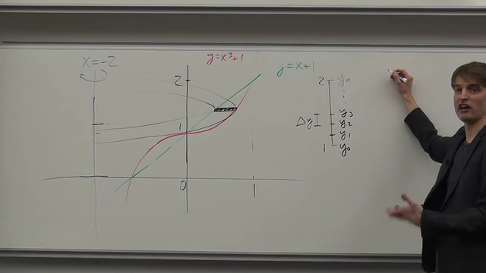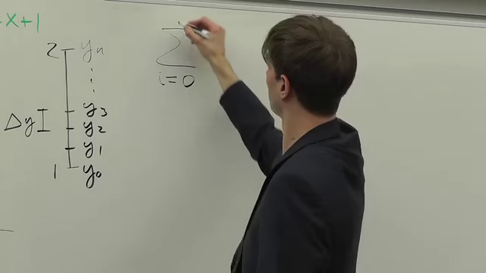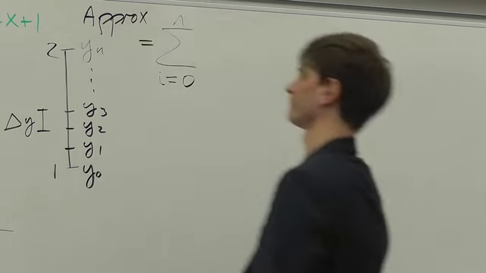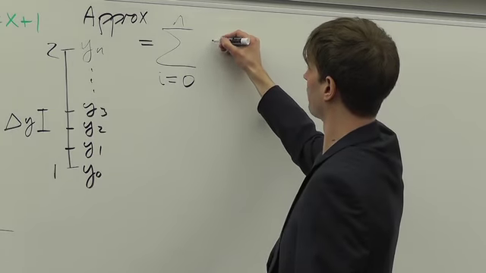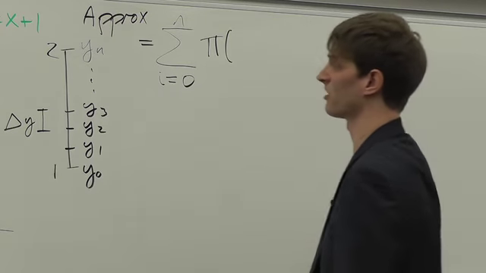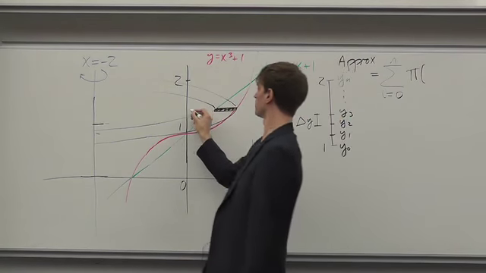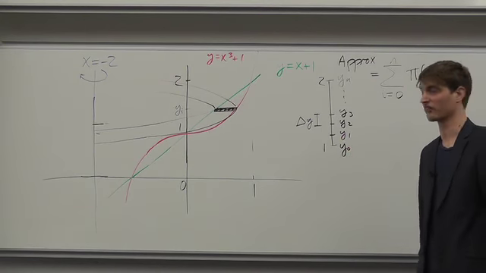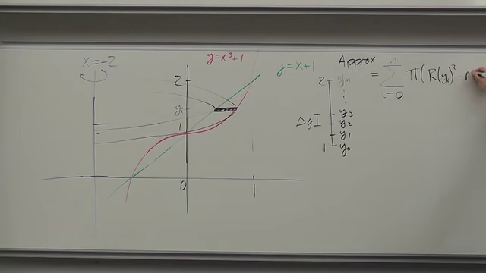So let's add up the volumes now of all these washers. So I have n of them. So this is my approximation, right? I have pi times the big radius squared minus the little radius squared, and both of these radii depend on where I am in this interval from 1 to 2. So I've got a particular height yi, and yi is the thing that determines the big radius and the little radius. So I've got the big radius, which is a function of yi, squared, minus the little radius, which is also a function of yi, squared.